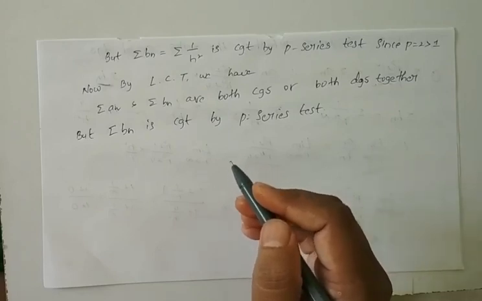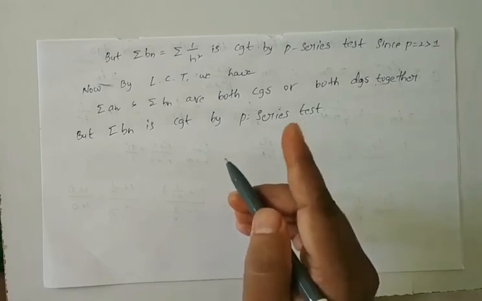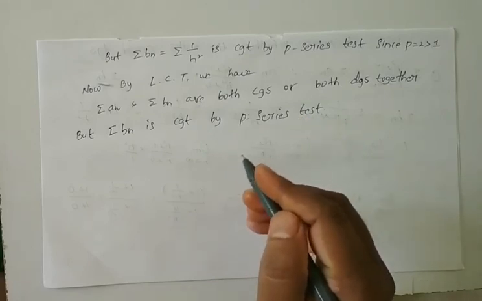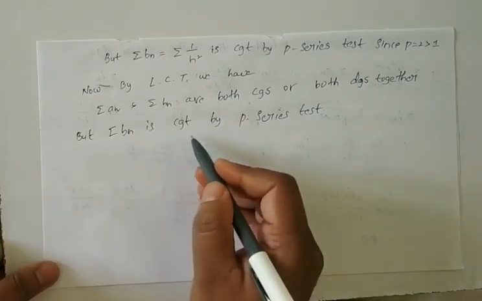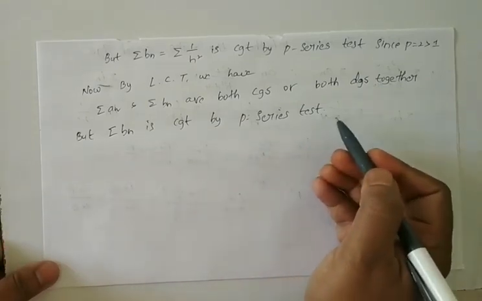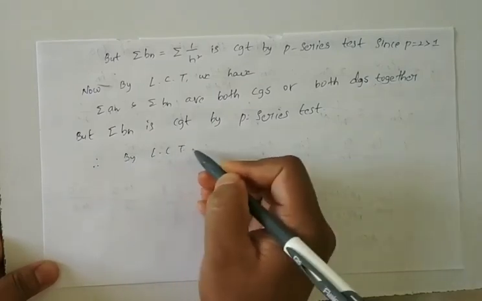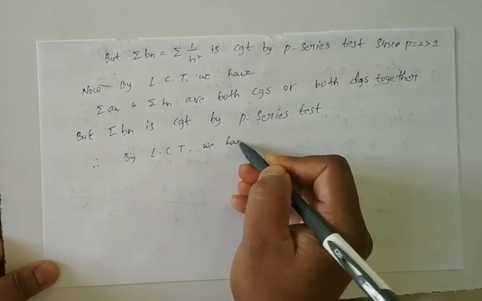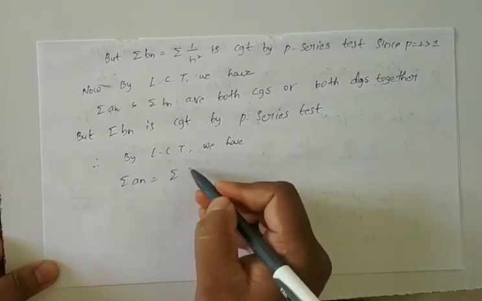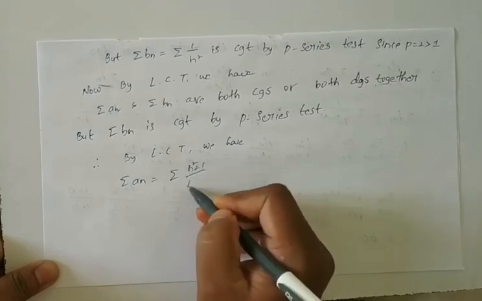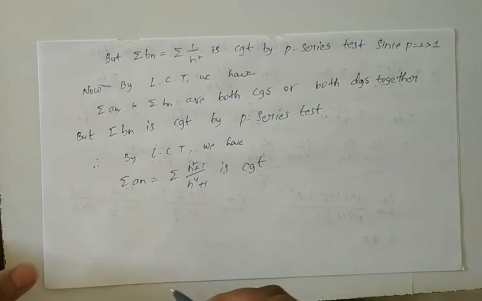Here summation bn is convergent by the p-series test. Therefore, by the limit comparison test, summation an, which is summation n square plus 1 by n power 4 plus 1, is also convergent.